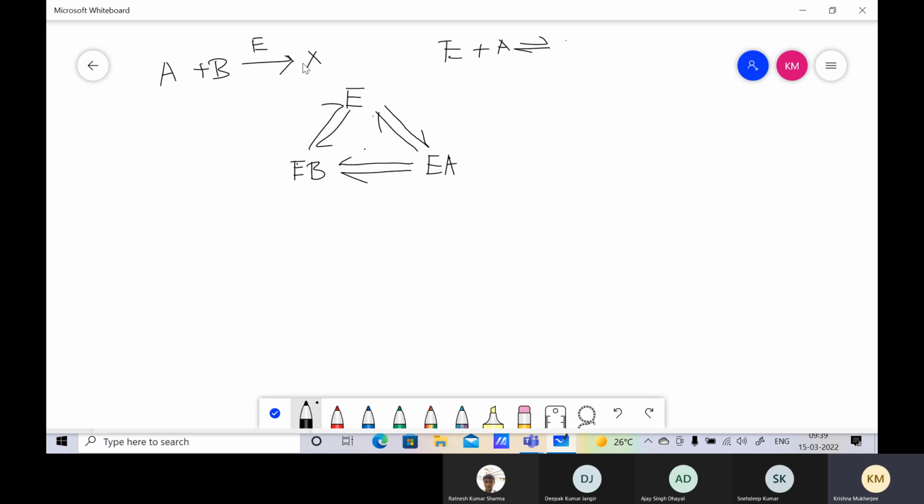A plus B is giving X. And I can ask you the reverse problem also: X gives P plus Q instead of A plus B. So can you see that this is okay? E plus A is EA. EA plus B is equal to EAB. And then EAB goes to E plus X.